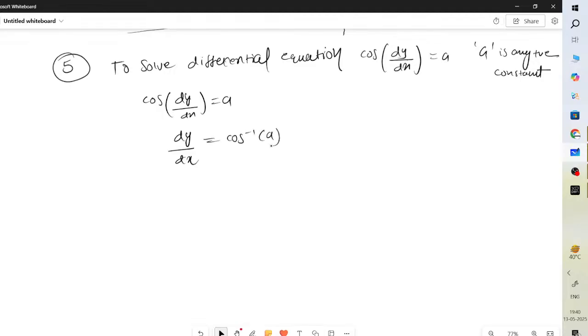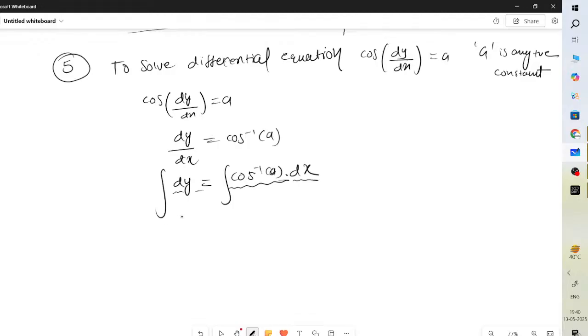Then we can write dy is cos inverse a dx. This cos inverse a is a whole constant, because a is constant, so the value of cos inverse a is also constant. Now integrate both sides.